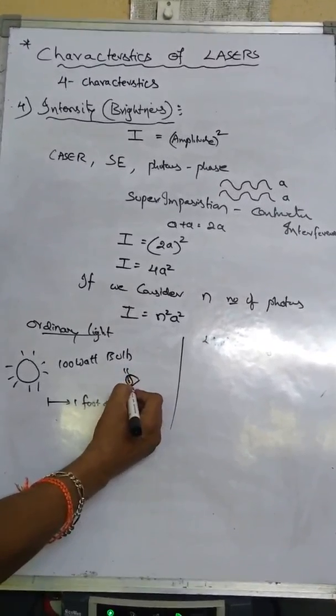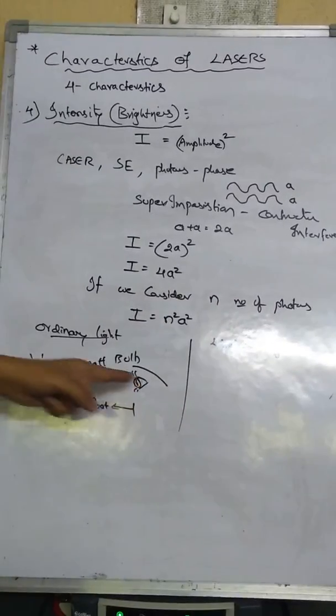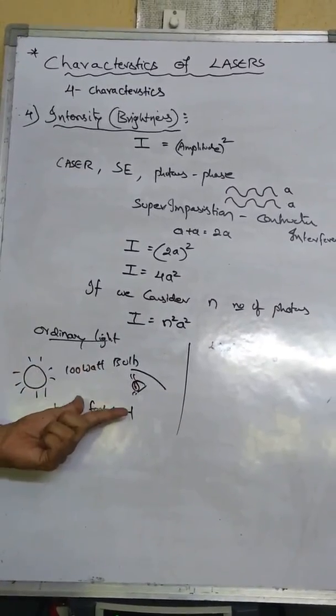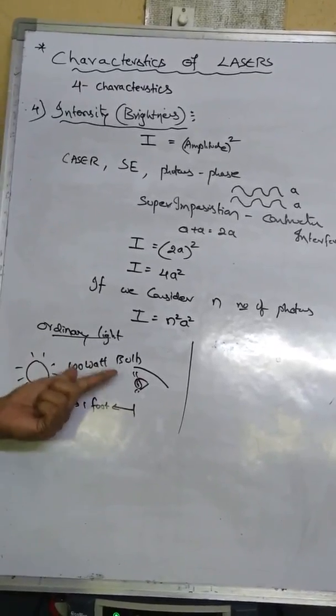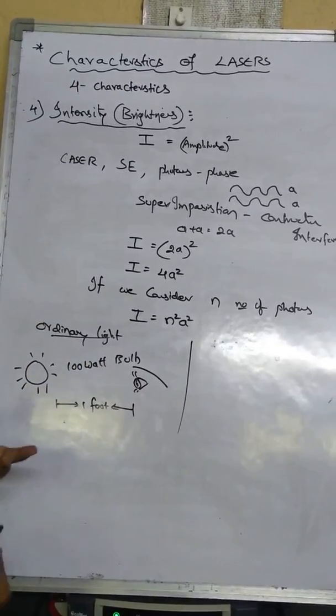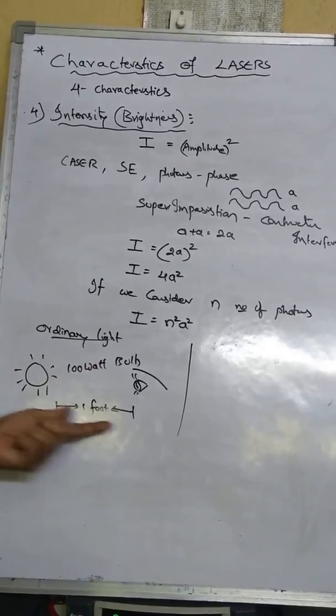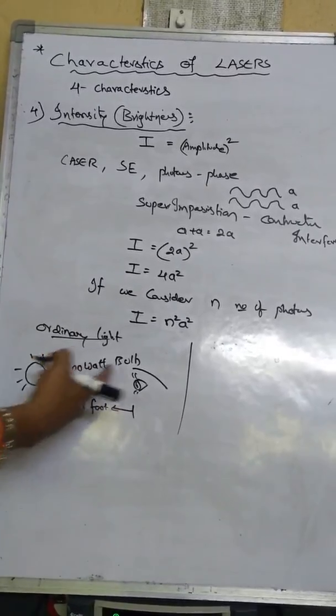This is our eye. You can view it at a distance of 1 foot without any disturbance, irritation or high intensity. At a distance of 1 foot, you can see the 100 watt bulb.